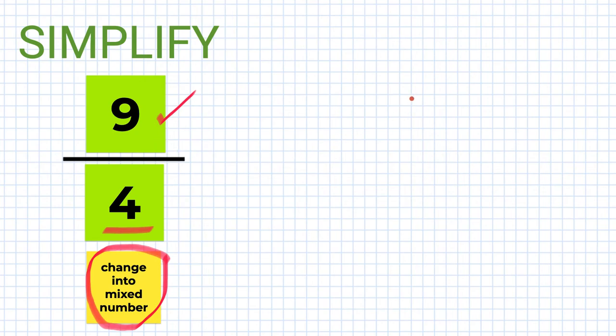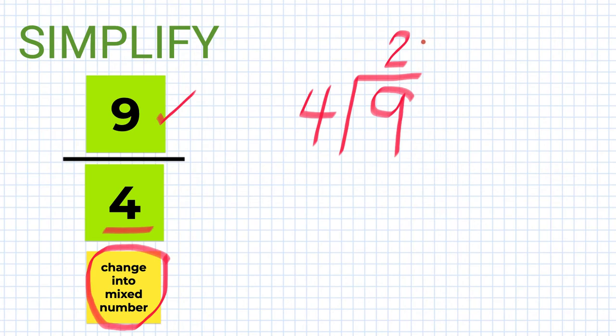How? You will simply divide 9, which is the numerator, by the denominator, which is 4. Let's divide. 9 divided by 4 gives us 2. 2 times 4 gives us 8. Then subtract: 9 minus 8 is 1. The remainder here is 1. You need to be careful.